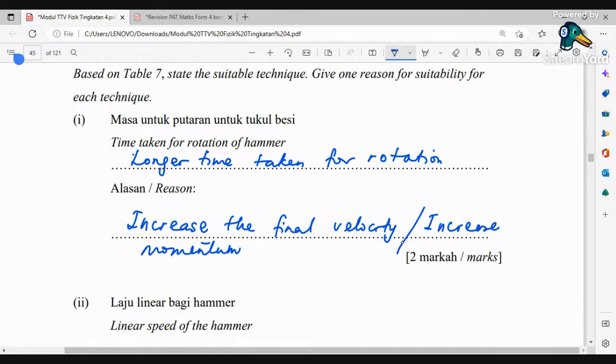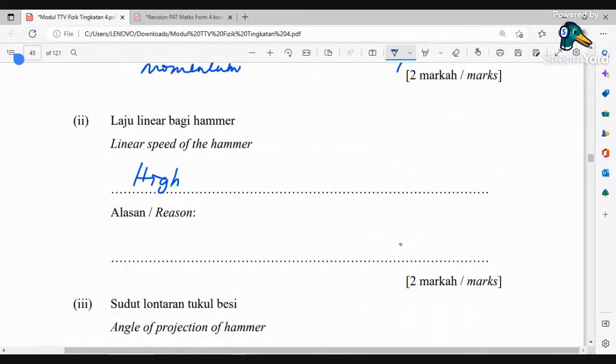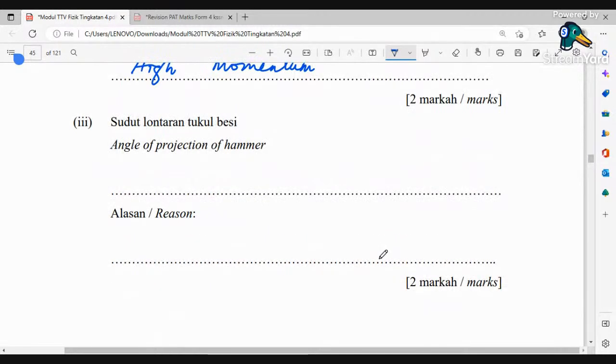Okay, linear speed of the hammer should be high linear speed. Okay, what is your reason? First, high momentum. Okay, angle of projection of the hammer.